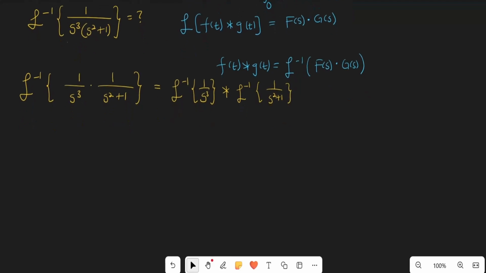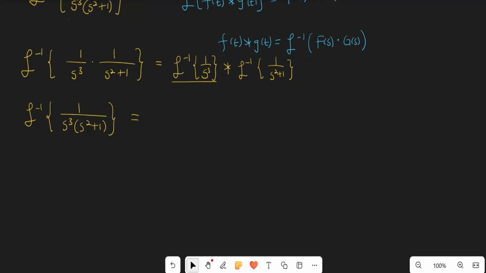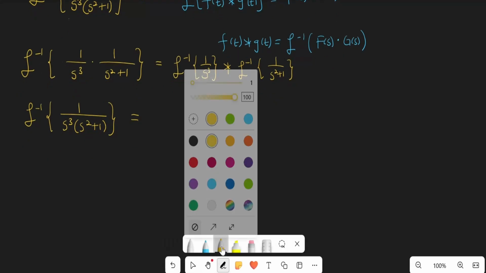Cool. So now what is the Laplace inverse of this? I can rewrite this one as 1 over s to the third multiplied by s squared plus 1, so that we can split it into the product of two different functions. What is the Laplace inverse of the first one?